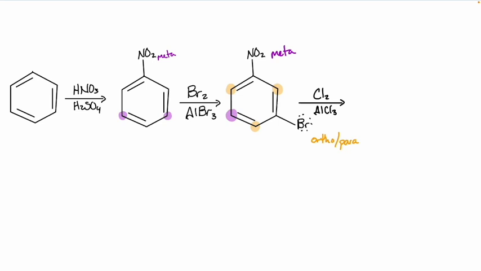That's when the strong, moderate, weak business comes into play, right? This nitro group we said was a strong meta director. And bromine we said was a weak ortho-para director. So who do we think is going to win? The strong one, absolutely. The strong will win.